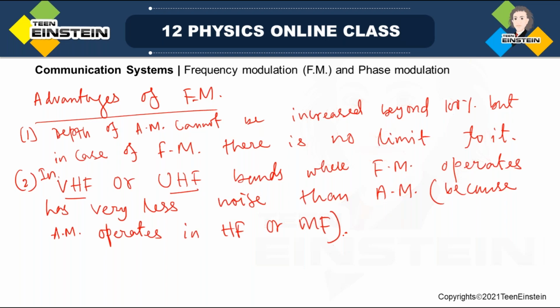In case of FM transmission, high fidelity reception is achieved because of the presence of a large number of sidebands.